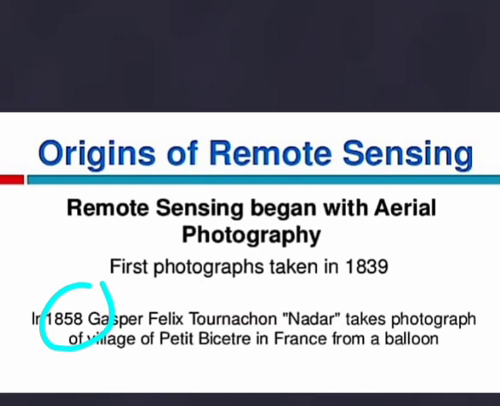That village is now known as Petit-Clamart, just outside Paris in France. Unfortunately, his original photos have been lost. That was the first attempt at remote sensing.